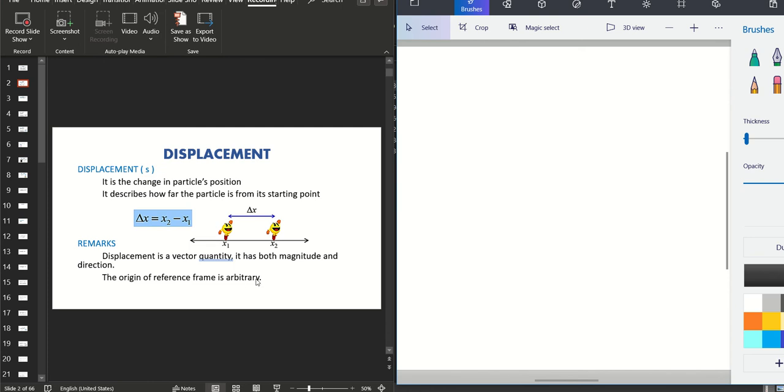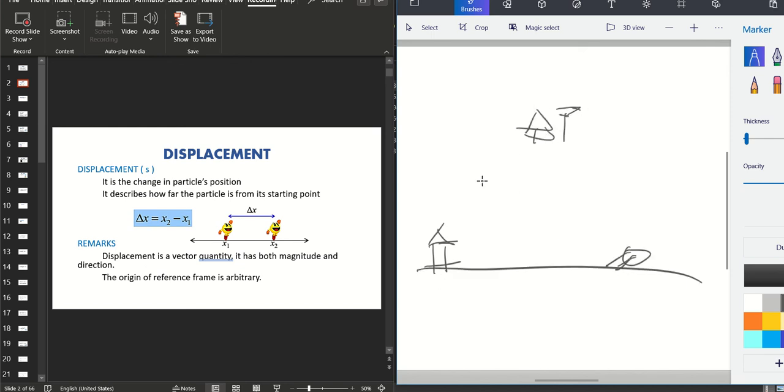So displacement is a vector quantity. And the reason why displacement is a vector quantity is because, again, if this is your home and this is the playground, and this is the school, you don't really go there and go there and go there and go back. Displacement is a one-way trip. The easiest route is going to be from your home to the playground.